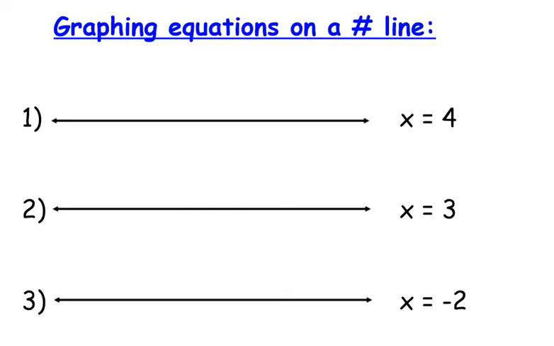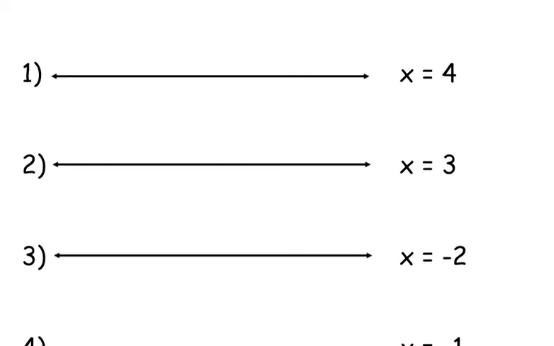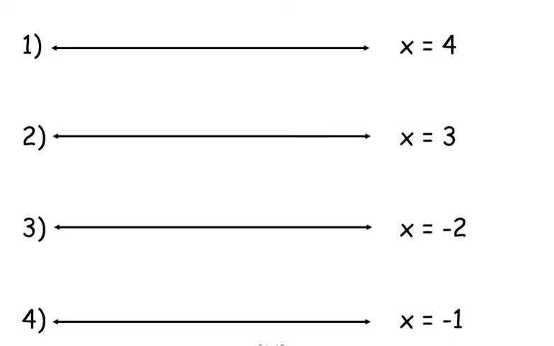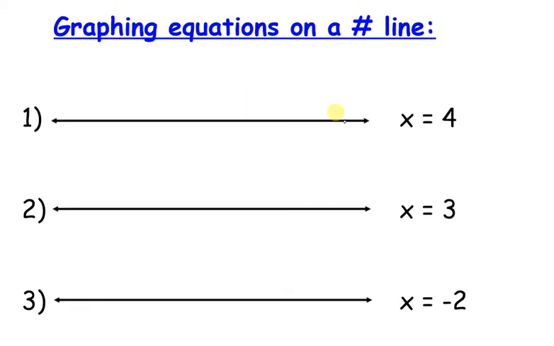All right, now that we have our mind on minimums and maximums, let's do a little bit of review of some number lines here. So I want to graph each one of these on the number line. And I always want you to start with 0 in the middle. Okay, so we know that positive is going this way and negative is going the other way. So we need to graph, by the way, x equals 4.